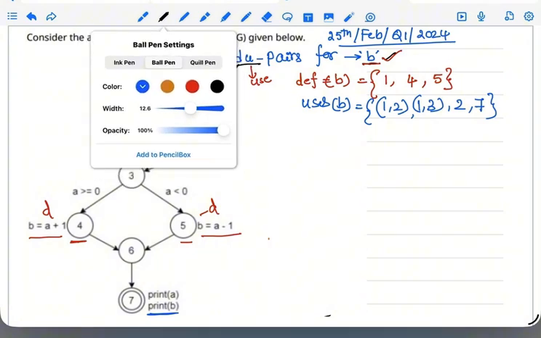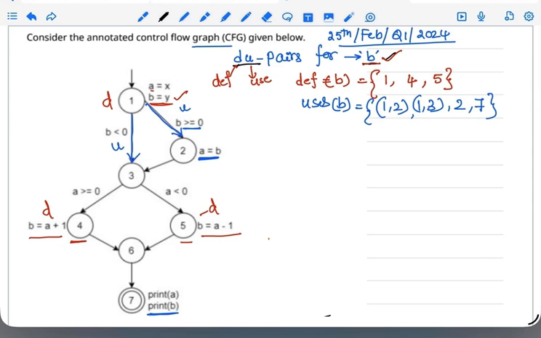So how many pairs are possible? These are 3, these are 4, 3 times 4, 12 du-pairs are possible. You can write all the 12 du-pairs.